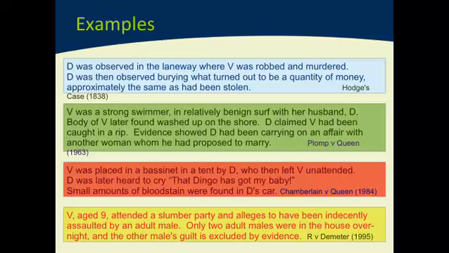In none of these cases has there been any direct evidence of the criminal offence. Nobody saw Hodge attack the lady and take her money. Nobody saw Mr. Plomp drown his wife. Nobody saw what happened to Azaria Chamberlain. Nobody saw what happened to the child in the Crown and Demeter.